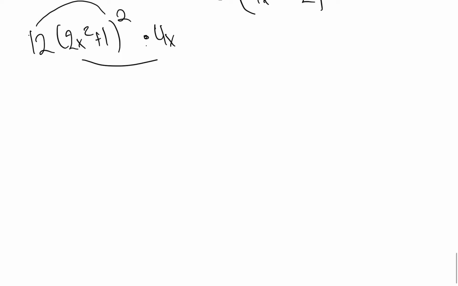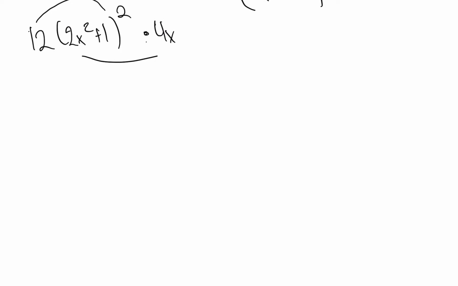So some last rules, but they're more like refreshers. The constant rule is that the derivative of a constant is always going to be 0, right? So the derivative of 7, 27, 37 is always going to be 0, right?